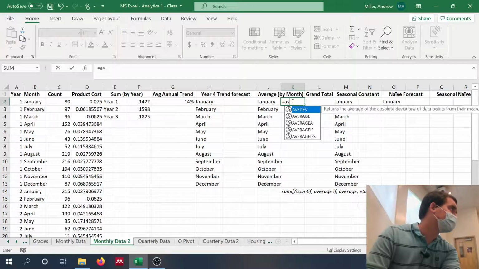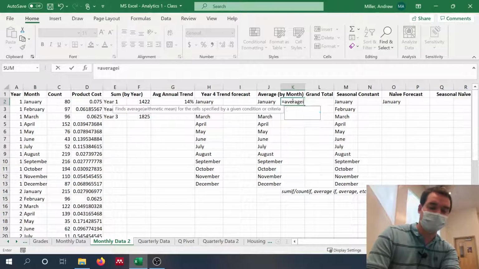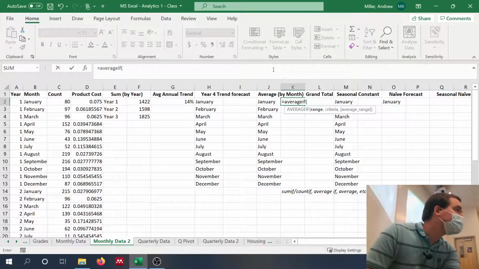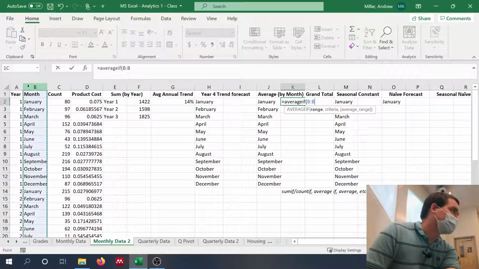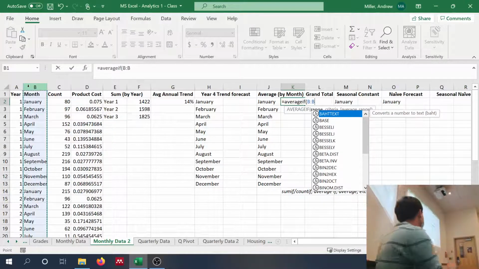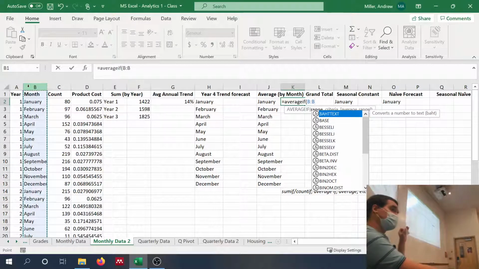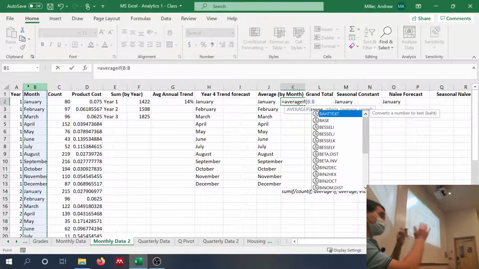You said average if? Okay, it is average if. Now what do I type? What's the range going to be for this? That's not correct. So it's not going to be count, because count is what we're going to use for the average range. The range is going to be where we're looking for the condition.